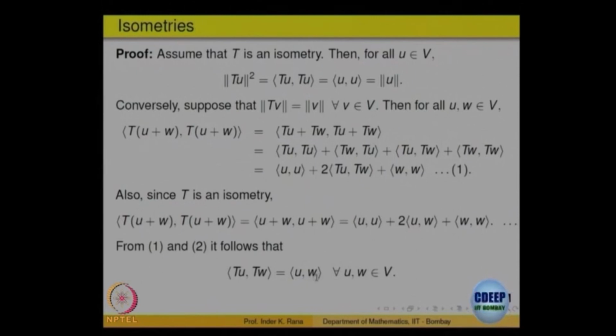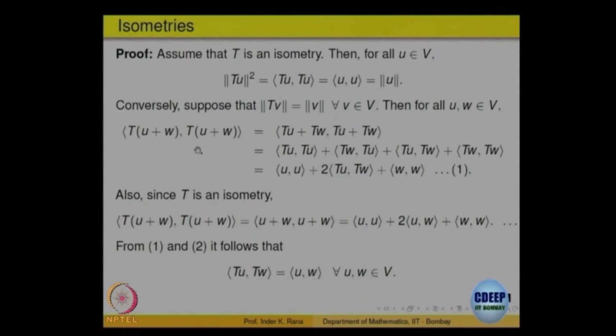I think there is some mistake in this proof which I wrote. Try to prove it yourself, okay? Because what we are given is, suppose this is true, okay? Then what do we want to prove? That Tu comma Tv, right, this is equal to, this is what we want to prove, for any u and v.